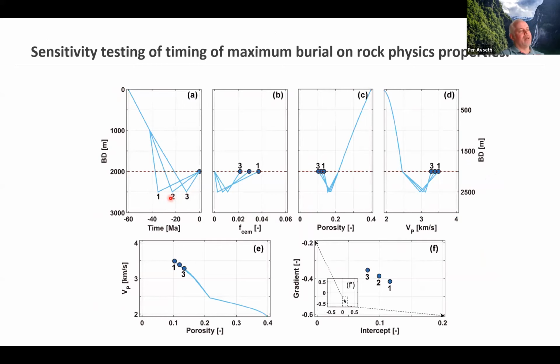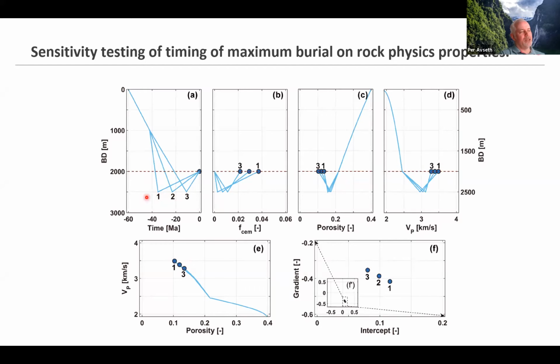If you know the present-day depth, and you can maybe also infer from vitrinite reflectance or from the seismic velocities that these rocks have probably been 2 kilometers deeper, then what about when was it deeper? Does that have any impact on your elastic results? What I show here is just playing with the timing, and you see that the cement volume changes a little bit. It has some impact, but it's not that drastic a difference.